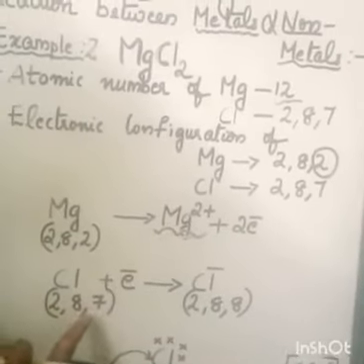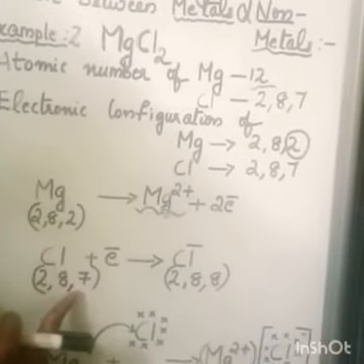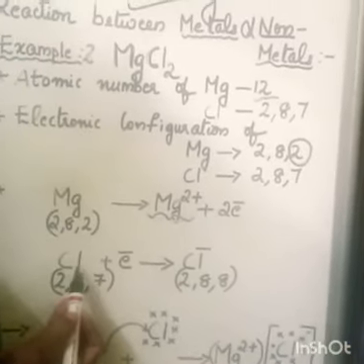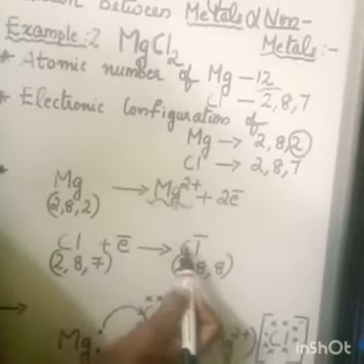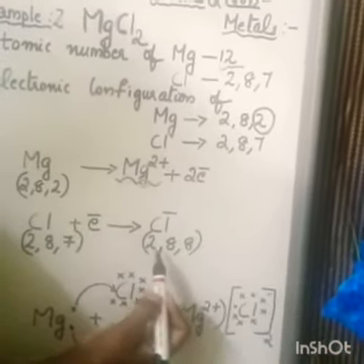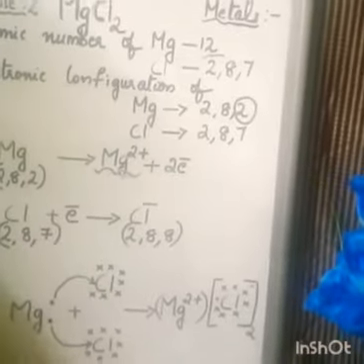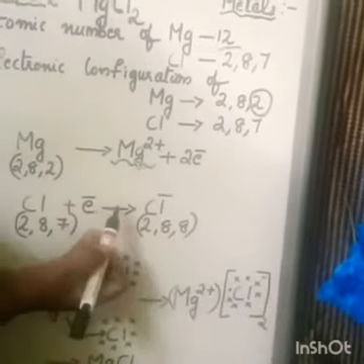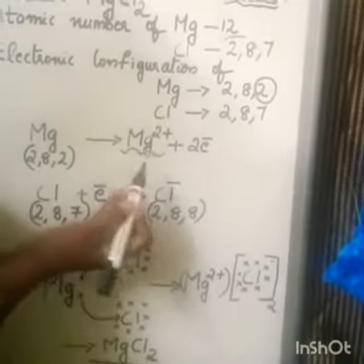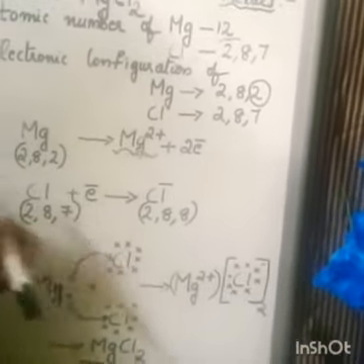It can receive only 1 electron. On receiving 1 electron, chlorine becomes an anion, that is Cl minus, and its configuration becomes 2,8,8. So you understood that one chlorine atom can receive only 1 electron from magnesium.